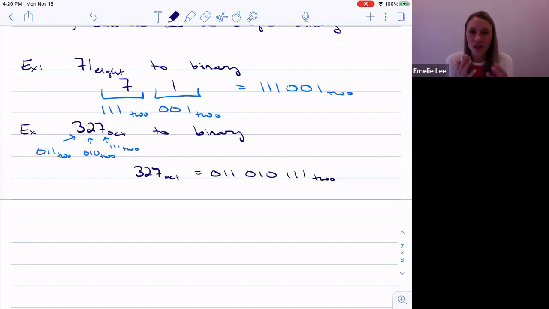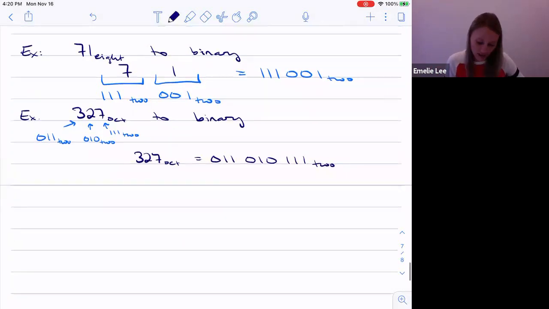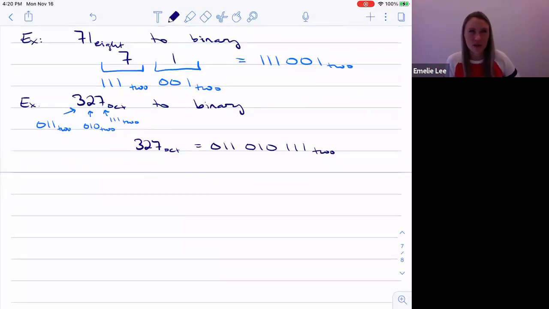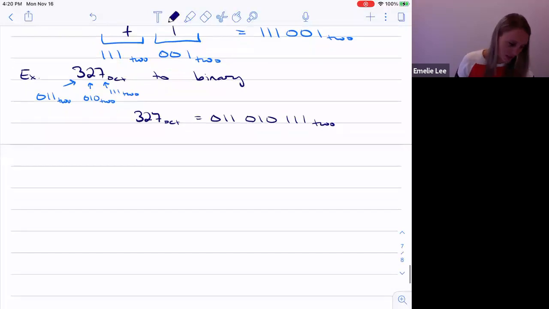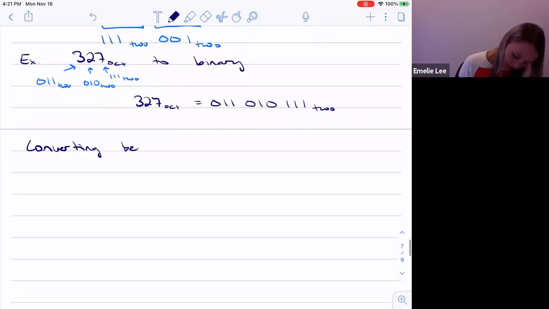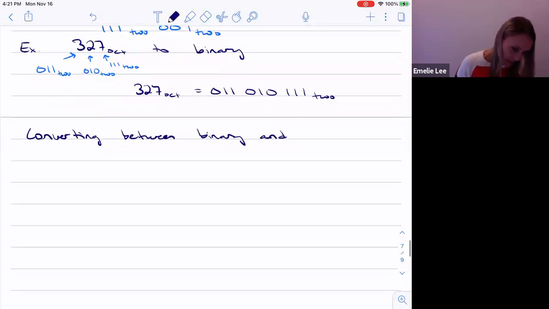So we have to generate other symbols that we can use up to 15, the largest symbol in hexadecimal. Now we're going to be converting between binary and hexadecimal.